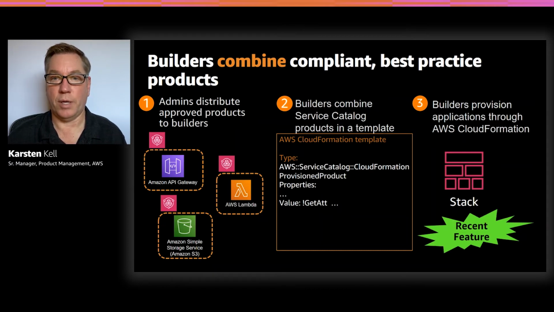And when you launch the API gateway from within this template, you can reference those outputs and use them as inputs into your API gateway. So a very flexible way to create more complex product configurations.